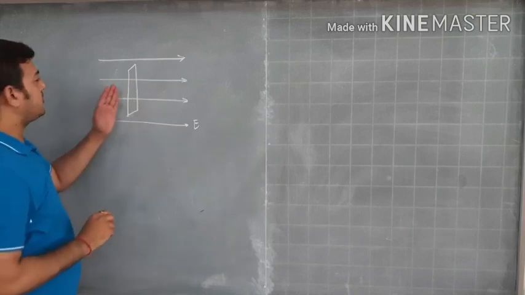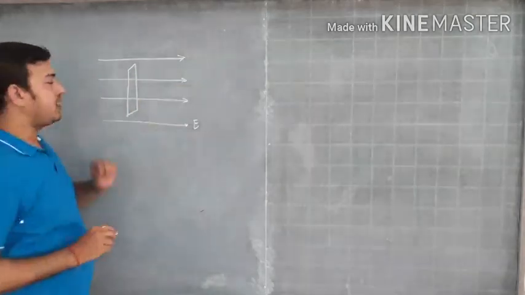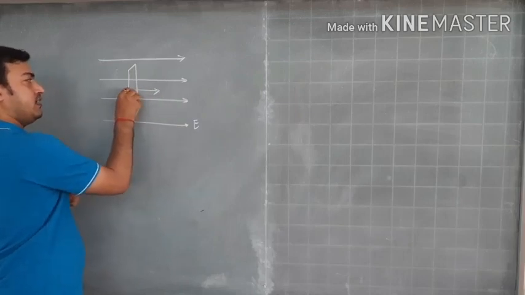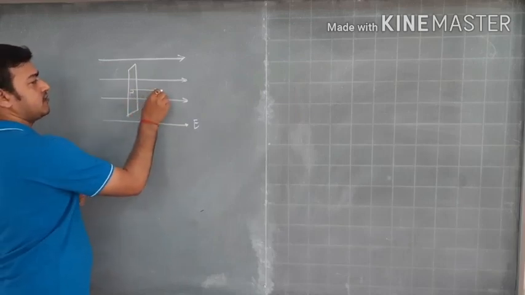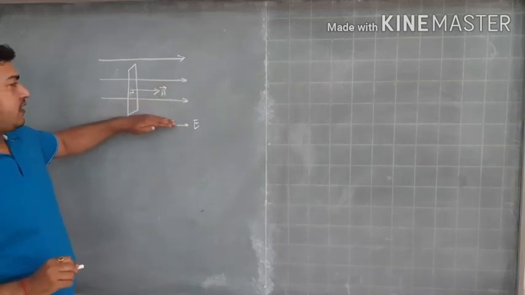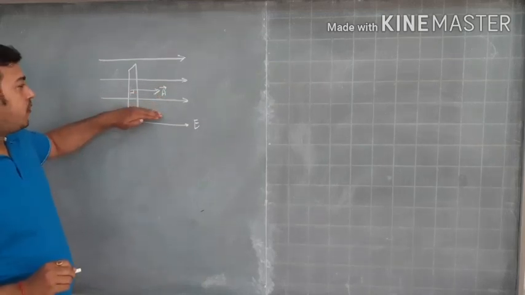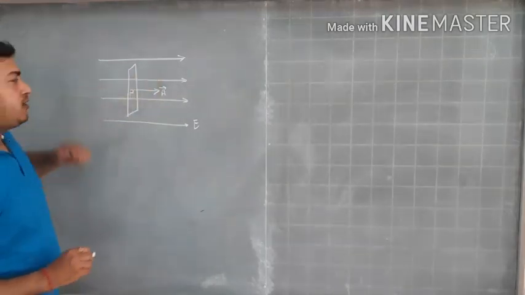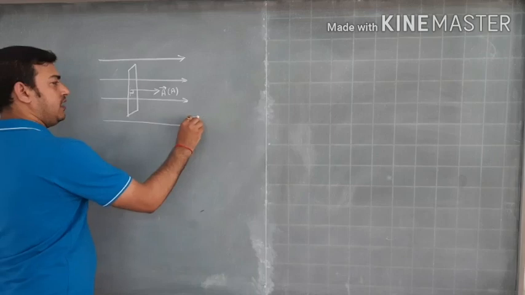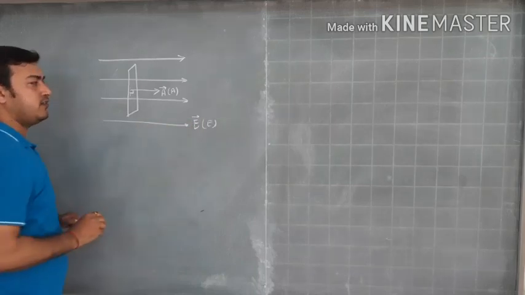The plane of this surface is normal to the uniform electric field. If I draw an area vector that is always normal to the surface, pointing outwards, the electric field vector and the area vector are both in the same direction. I am taking the magnitude of area as A and the electric field magnitude as E.